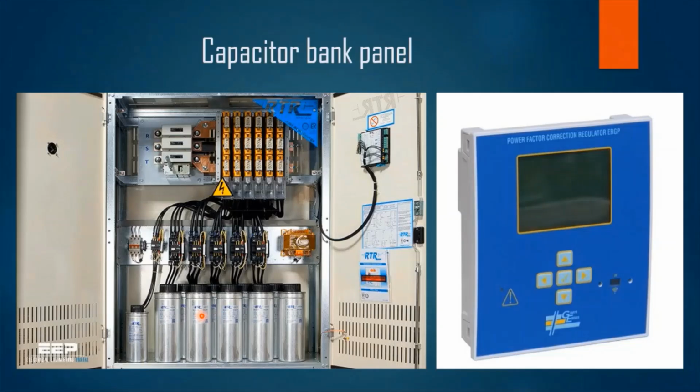So for example, if the demand load is at 50%, then contactors will close for half the number of these capacitors, and the rest will stay on standby.